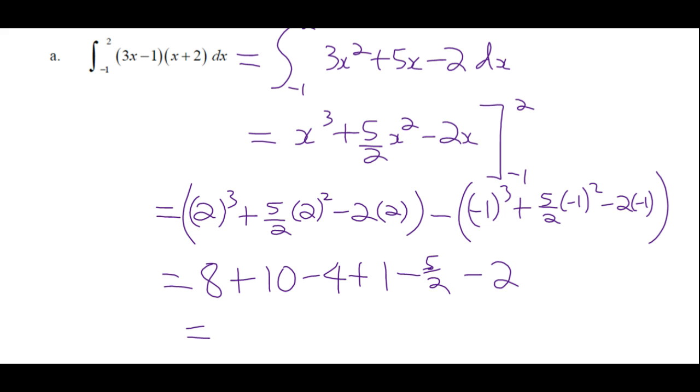And so, what do we get? 18, 14, 15, 13, minus 2.5, like 11.5, or 21 over 2. I mean, 10.5.